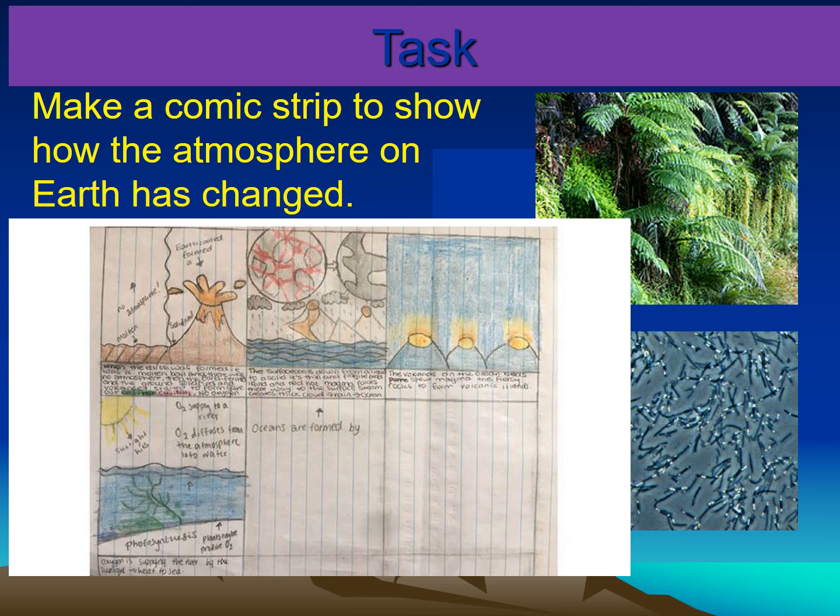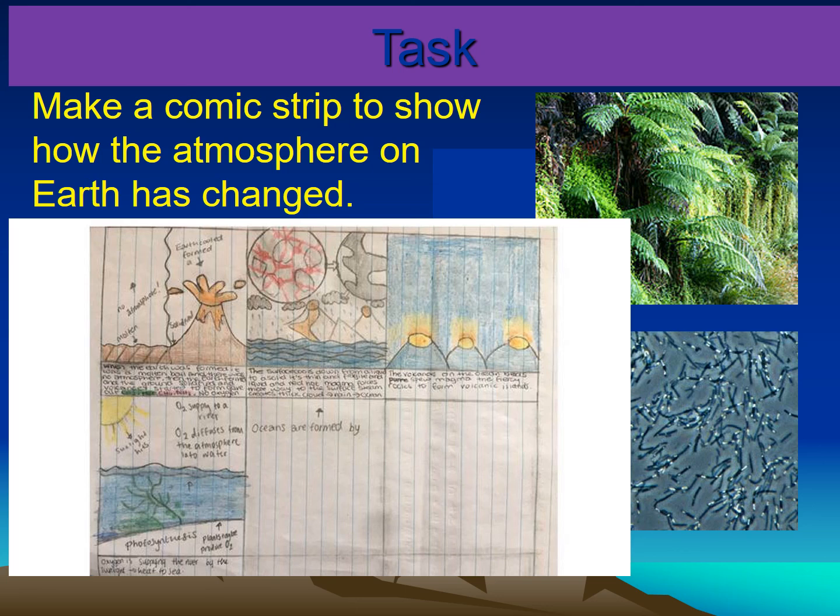I've got one here which gives you a bit of a summary of what is going on and what it should look like. Starting off with the early Earth, and why the first few gases formed from volcanoes, and then the fact that all that water vapor then fell to the earth and formed oceans, and within the oceans life started to form, which produced oxygen, and you've also got carbon dioxide being stored in the oceans.